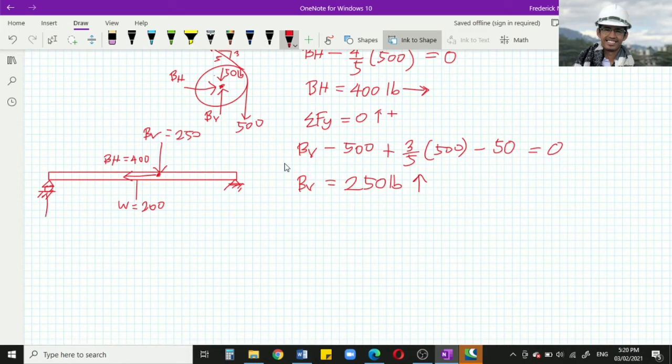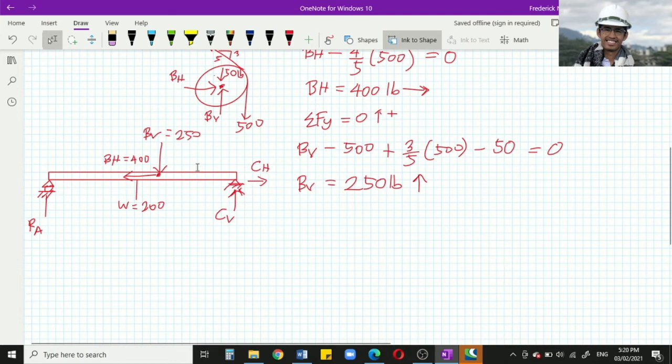So, dito meron tayong RA. And dito naman, meron tayong C vertical and C horizontal. Okay. So, using yung ating equation or summation moment, pwede nating makuha yung C vertical and C horizontal.